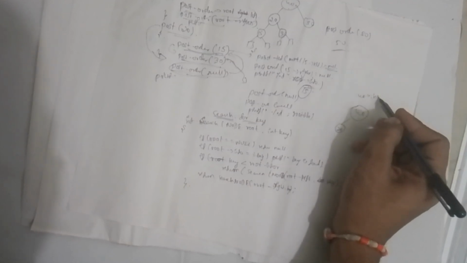That's it. So if root info is equal to key, we say the key is found. Or else if the key is less than root info, then we traverse to the left side, because when the key is less than the node, the key must be present at the left side of that particular node, otherwise it needs to be present at the right side.